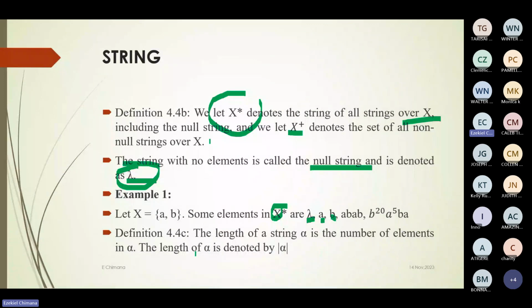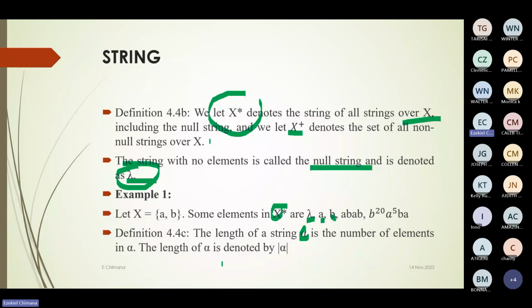And then for this definition, the length of a string, which is represented by alpha, is the number of elements in that string. The length of alpha is denoted by the modulus of alpha, just like that.